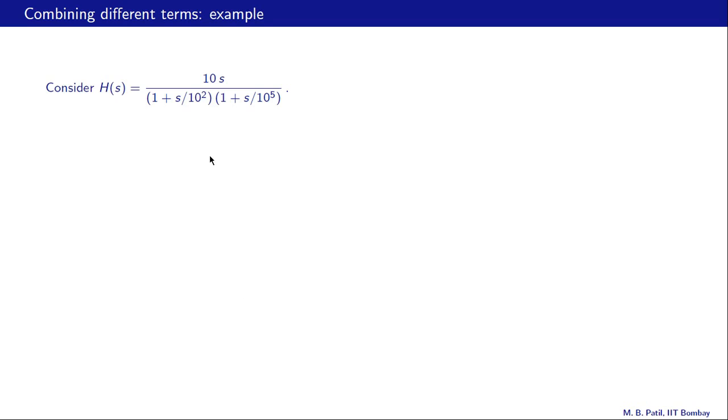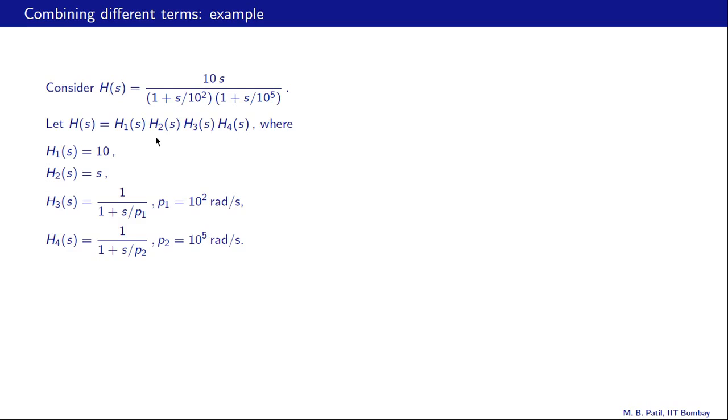Okay, let us now apply the method that we have learnt in the last slide to this specific transfer function: 10s divided by (1 plus s by 100) times (1 plus s by 10 raised to 5).